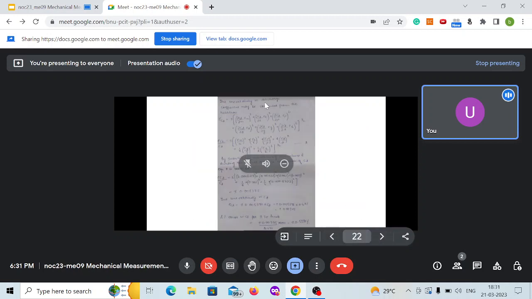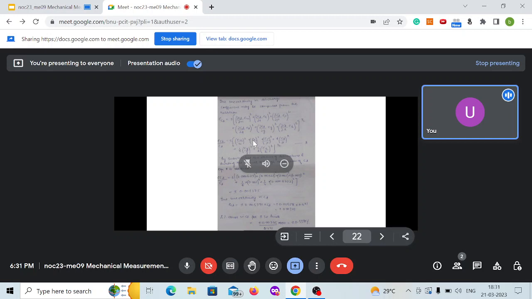The uncertainty in discharge coefficient is computed from the previous equation. From uncertainty analysis, it will be a summation of the fractions, the differentiation with respect to each variable. So dou CD by the variable into the variable uncertainty, whole square, the summation of all that raised to power 1 by 2, the square root of that. So we know from this, when we take common CD and then differentiate and divide by that, you will have m by m square.